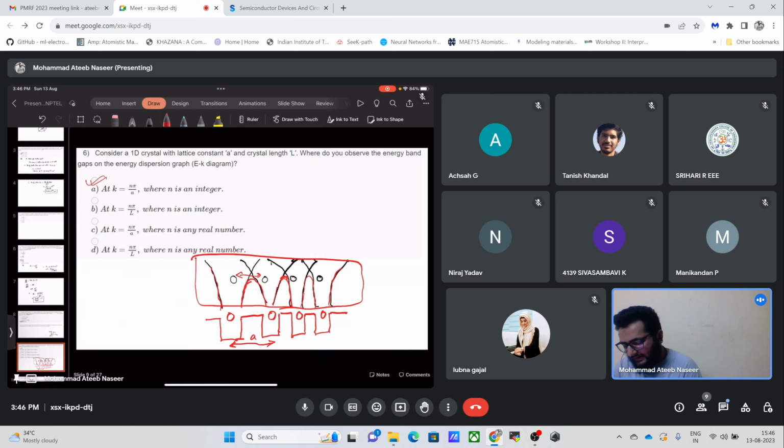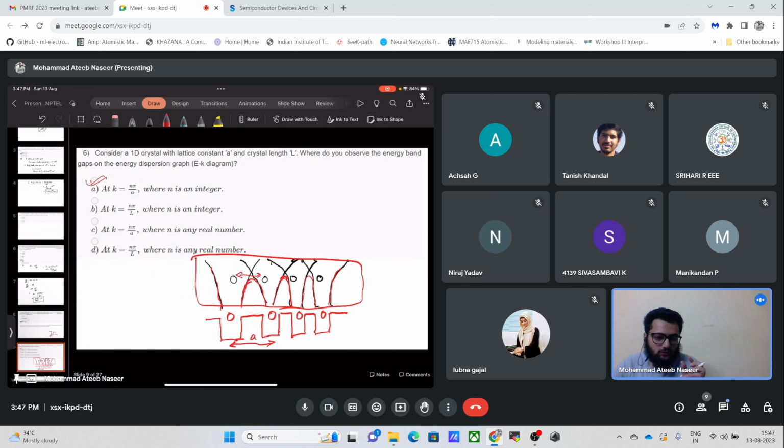Although we can go much deeper, the lattice spacing, as we saw in previous lectures when we used boundary conditions in the finite well problems, gave us multiples of pi by a, where a was the length of this small box.